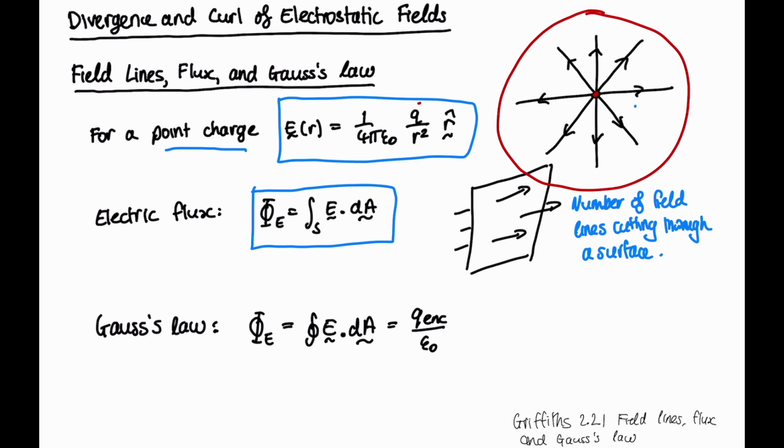So phi E is the symbol that we use for a flux. In this case, this integral here has a little s to indicate that it is a surface integral. So the other way we could write this is as a double integral because we are integrating over 2 dimensions. E here is our electric field, which for a point charge we've described with the equation above.